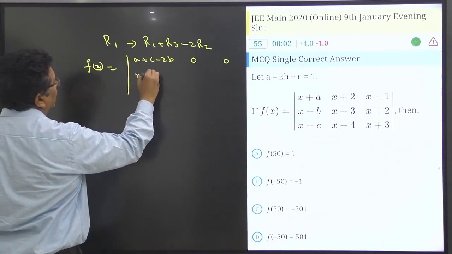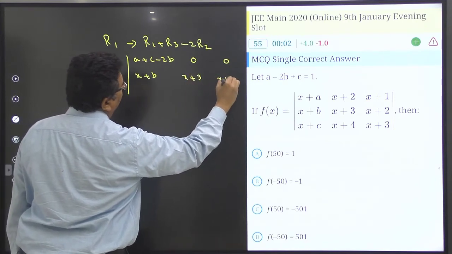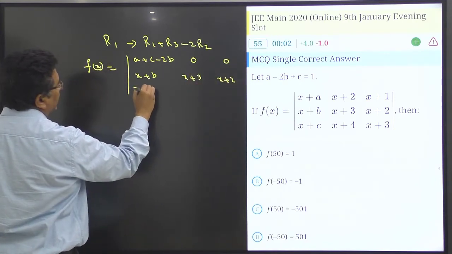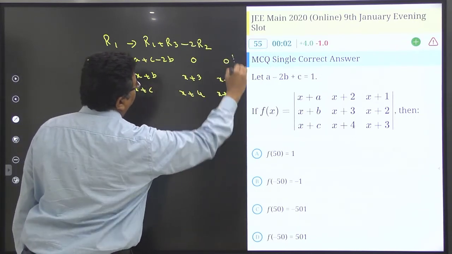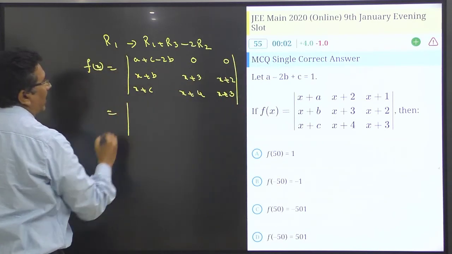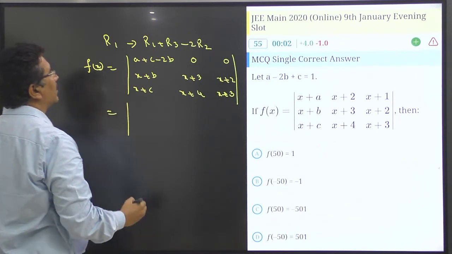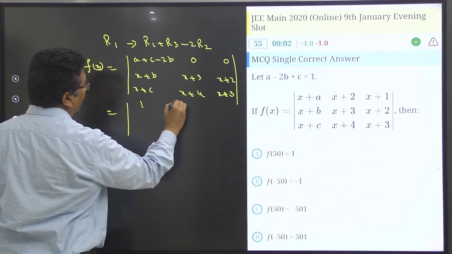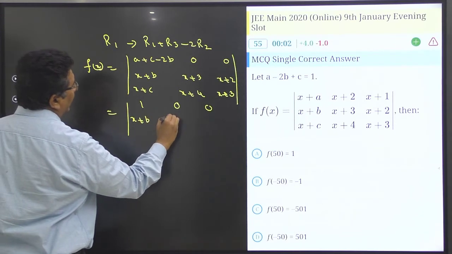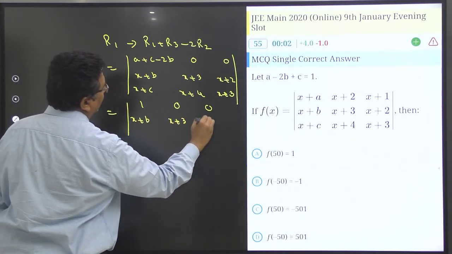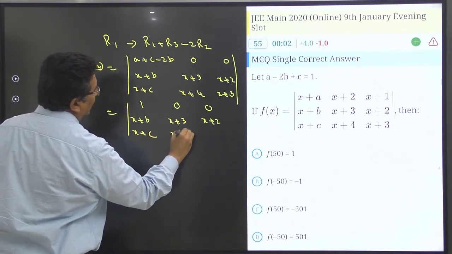That is equal to the determinant with first row a plus c minus 2b, 0, 0, second row x plus b, x plus 3, x plus 2, and third row x plus c, x plus 4, x plus 3.